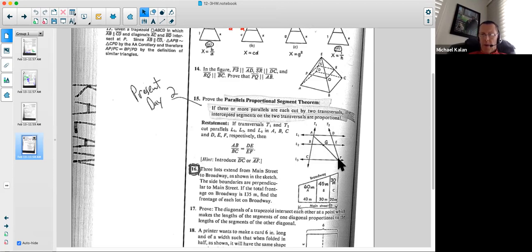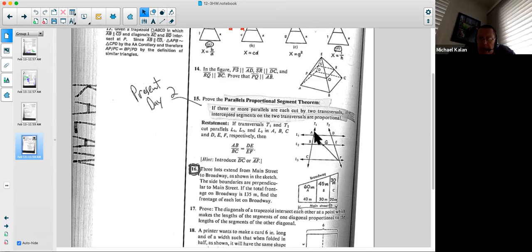And notice their hint. They said introduce either DC, or what they did in this case, they introduced AF, okay? All right, well, what do we know? We know that L2 is parallel to L3, isn't it? We also know L2 is parallel to L1, don't we? Okay, so if L2 is parallel to L3, doesn't that mean that AB over BC is equal to AG over GF? Side splitter, right?